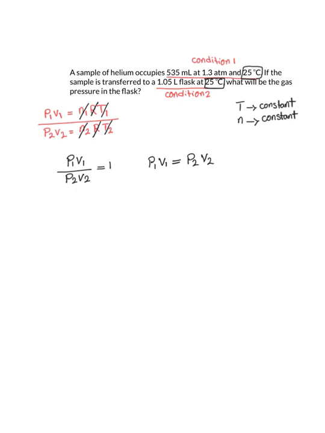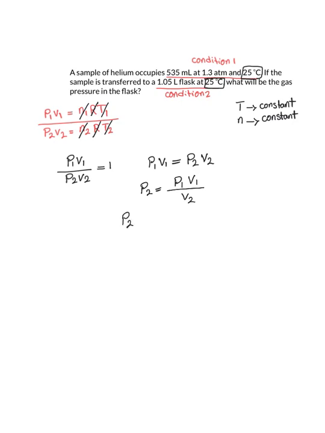So in condition 1, the pressure and the volume are known, and the question is asking for the pressure in condition 2. So a little bit of rearrangement will give me P2 equals P1 V1 divided by V2.